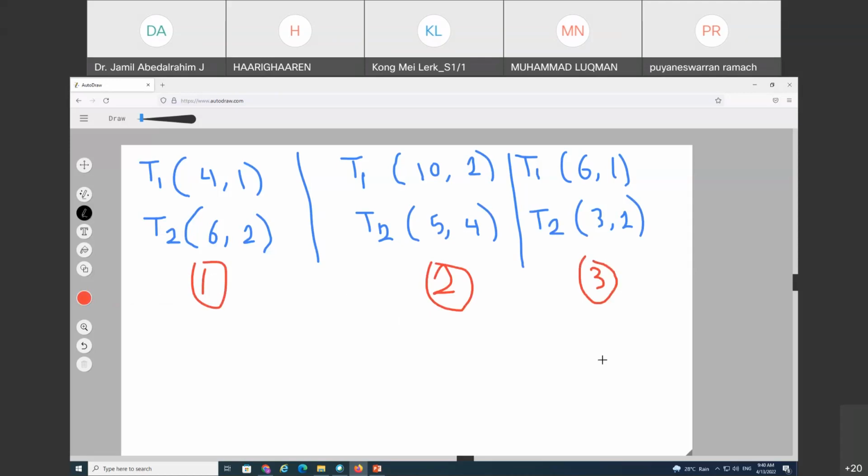Which one is harmonic? Which one not? Anyone can tell me?